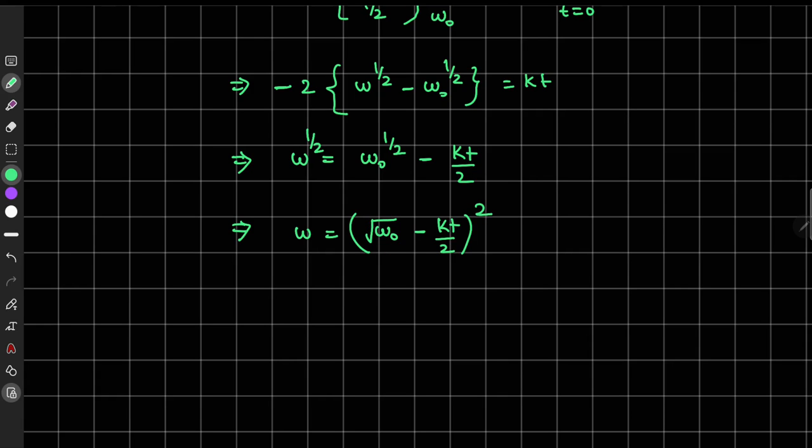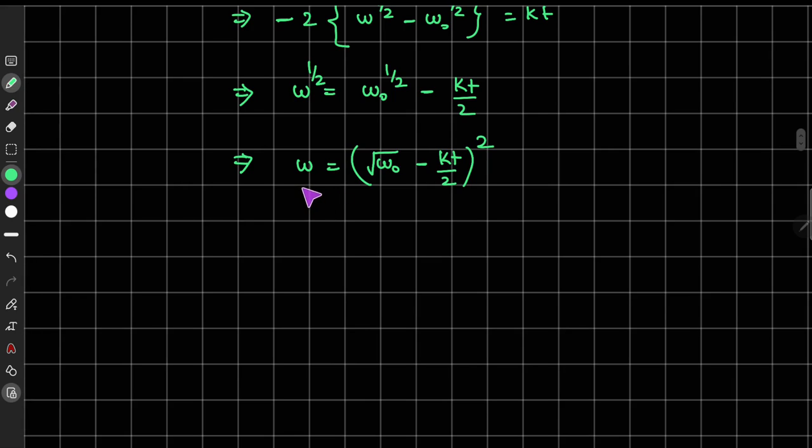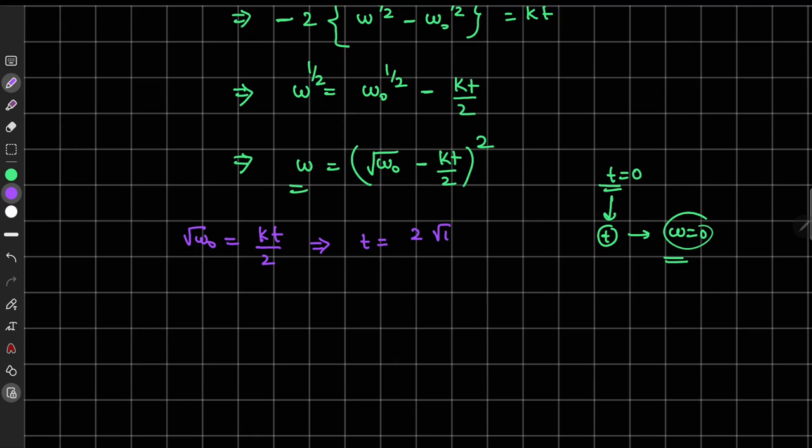Now we have to find the time instant at which the angular velocity is 0, so that we can find the mean angular velocity from t equals 0 to that instant. Equating omega to 0, we get root of omega naught equals kt by 2. So t is equal to 2 times root of omega naught by k. This is the time instant at which the body stops.